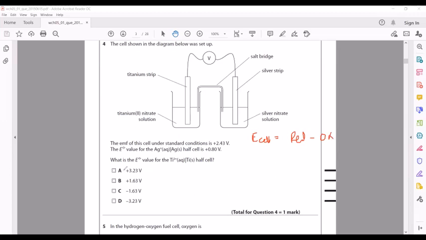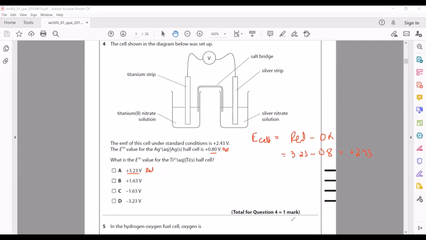I'm considering all of them as answers and explaining an idea. If A was the answer, when we compare A with silver, because it is higher value, this will have a reduction and this will be oxidation. And the formula is reduction minus oxidation. So 3.23 minus 0.8. When we solve this, we'll get plus 2.43.